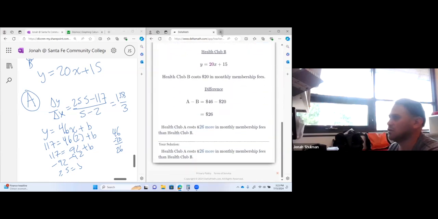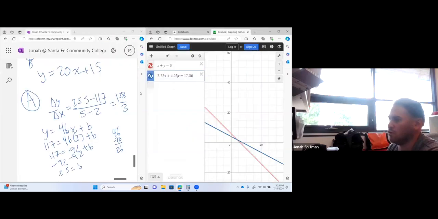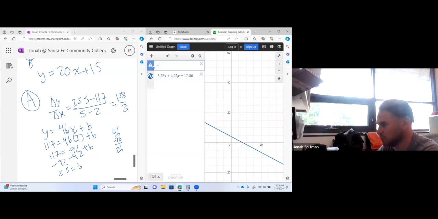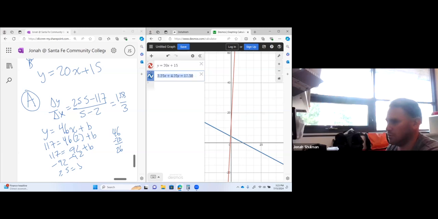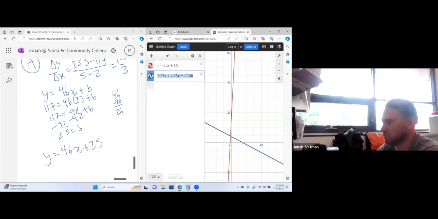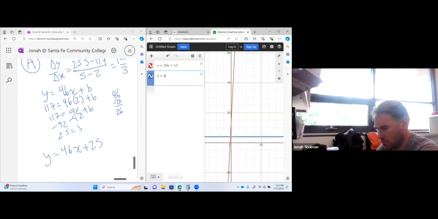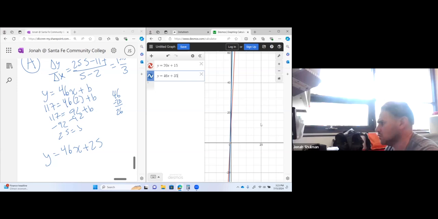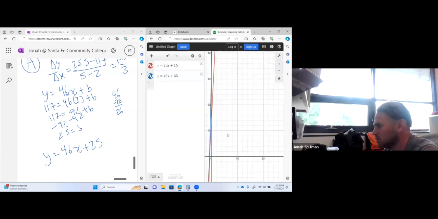Now, if they wanted to know when the equations were equal, all you would have to do is put them in. So y, this is typically the problem the students are going to face for this. And then the other one is 46x plus 20. All right, so when do they match?